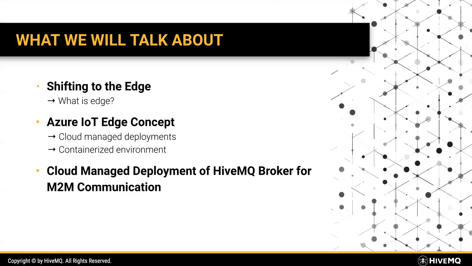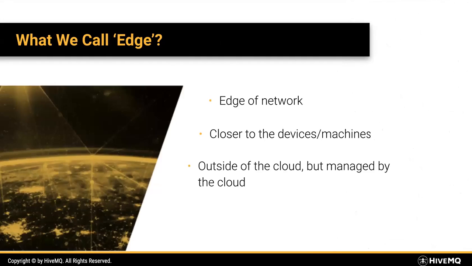And of course, we will talk about one concrete example of that by explaining one of the demos that we did together, how to enable machine-to-machine communication by deploying HiveMQ to Azure IoT Edge. So we can go to the next slide, I guess.